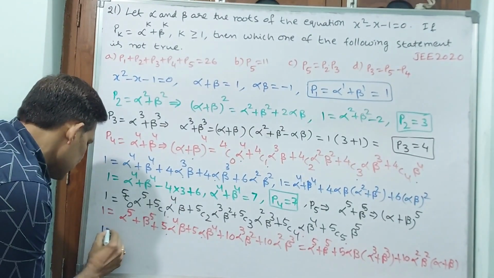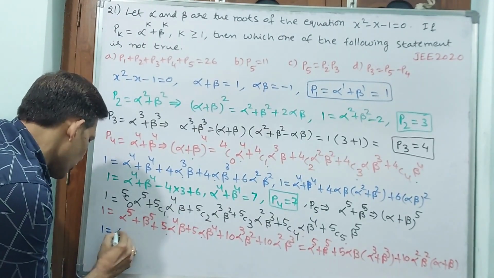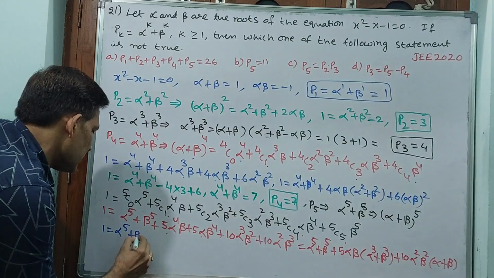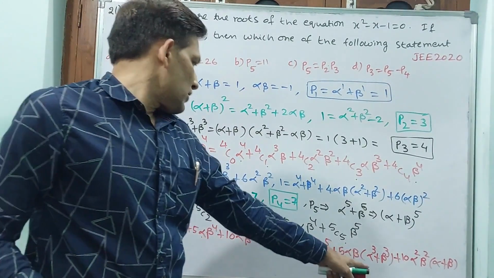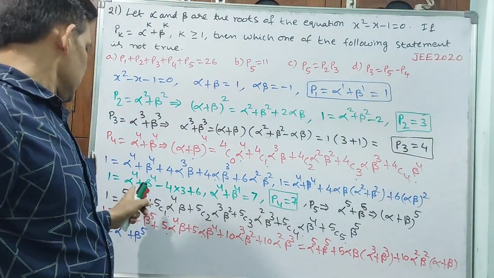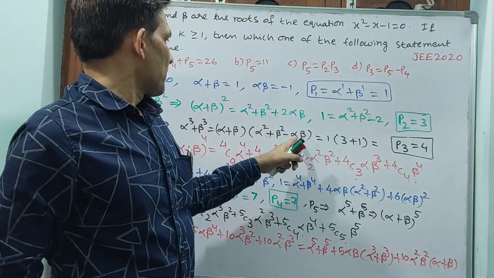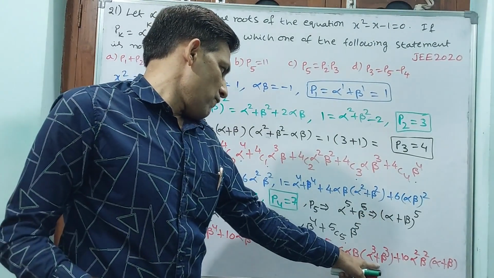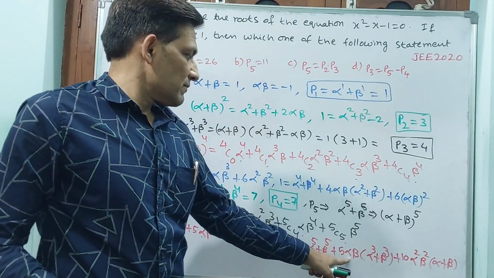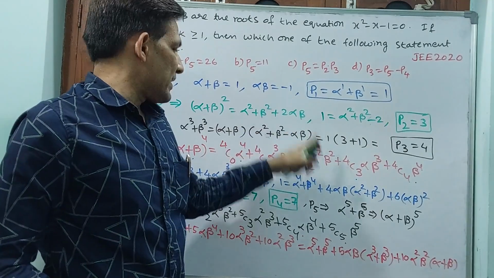1 is equal to alpha to the power of 5 plus beta to the power of 5. See, alpha cube plus beta cube value is, not 7, P3. P3 is 4. See, 4 minus 5, why? Because alpha beta value is minus 1.